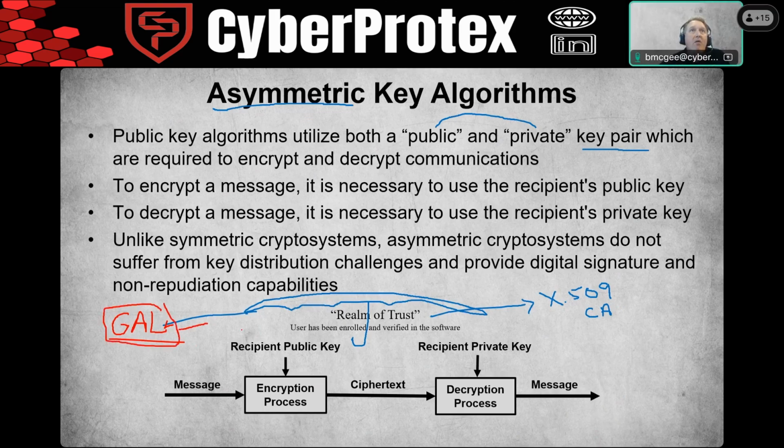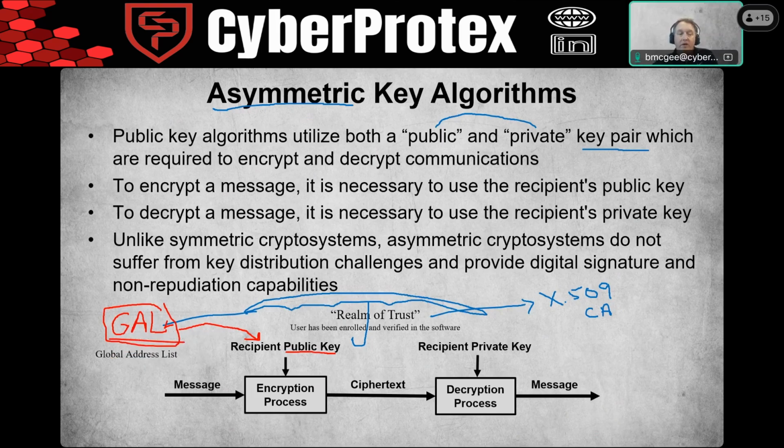The GAL would be where their public key would be published, so we could go out and look that up in the GAL. GAL stands for global address list.